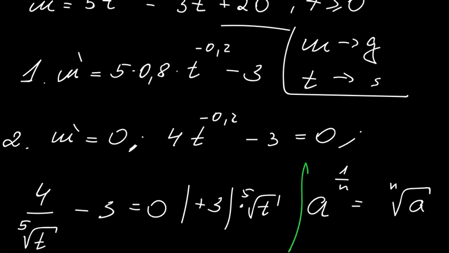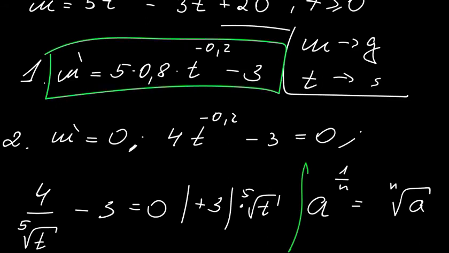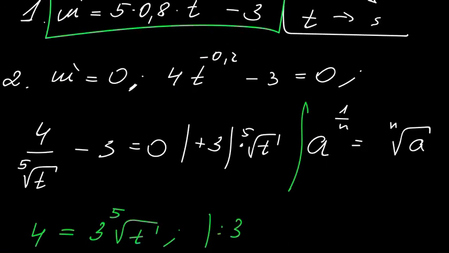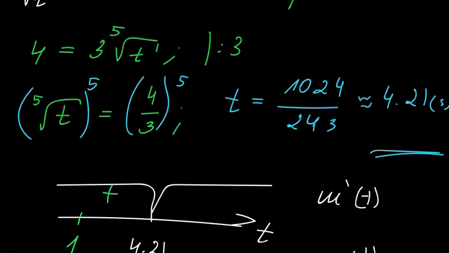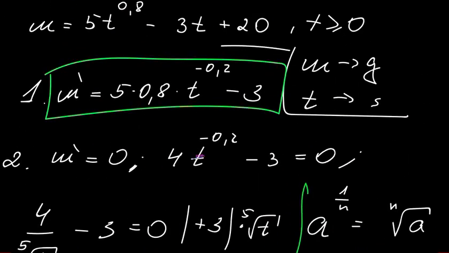Once we put 1 in this function, we would get 4 minus 3, which is 1, so it's greater than 0. Now, if you put, let's say, 5 in this function, we would get that this is less than 0.